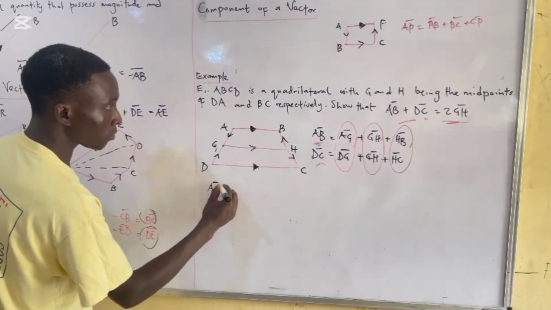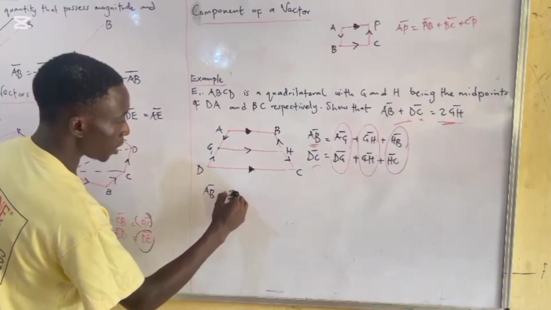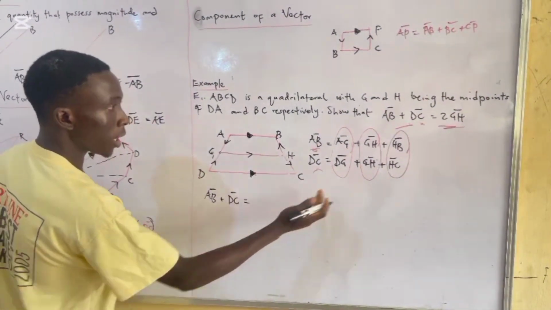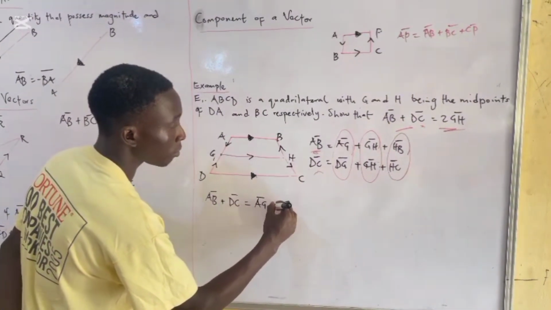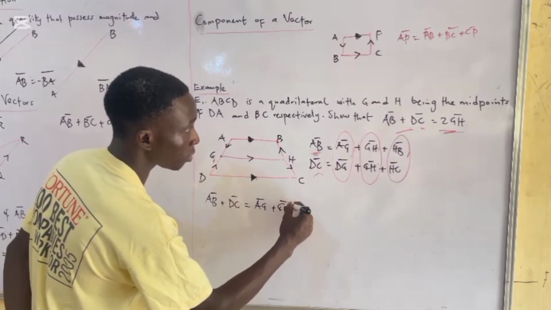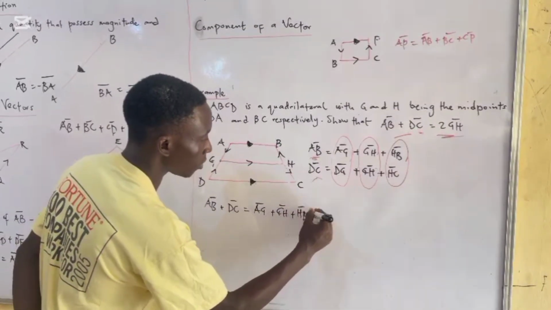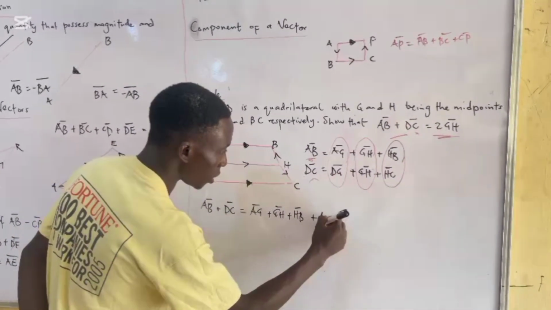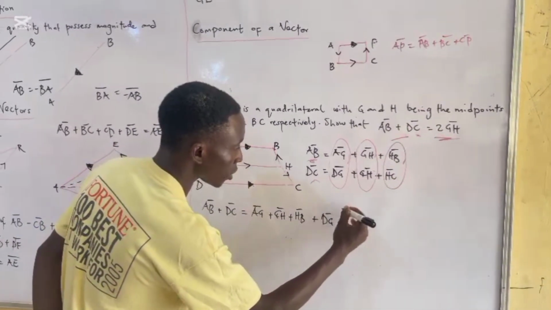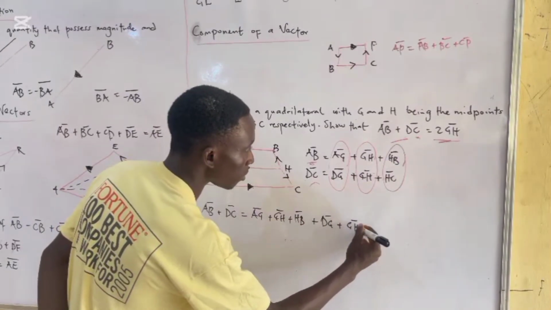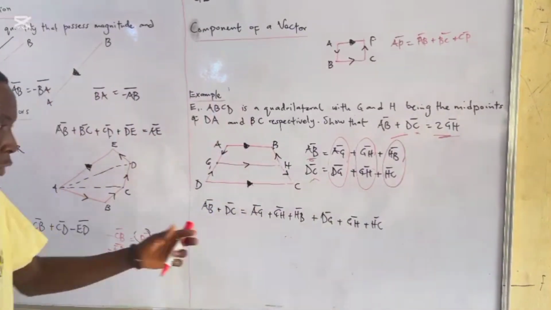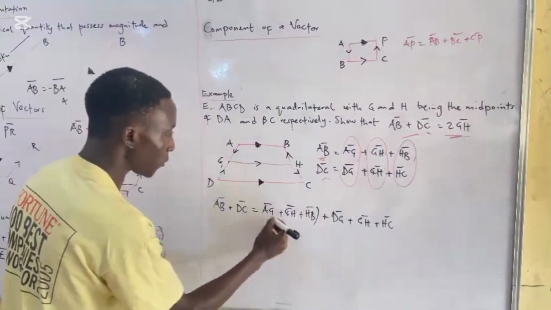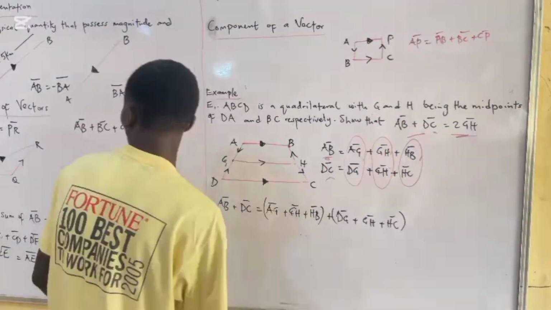Picking this and this together, you see AB plus DC. Now let's put everything together. We have AG plus GH plus HB plus DG plus GH plus HC. Now let's group them. Maybe this one is for this and this one is for this.